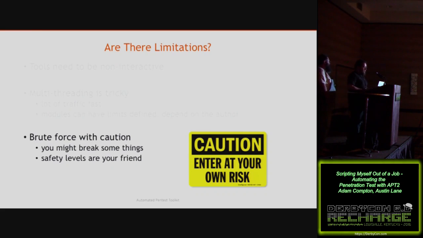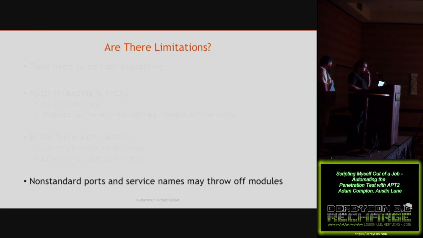Another big one is non-standard ports. APT is dependent on the inputs given to it from whatever scanning tool, either running Nmap through APT, running Nmap outside of it, or in the future running insert scanner here. When that scanner looks at a service on a host and says, oh, this is port 21, this is probably FTP, if that's the best it does, that's the best we have to go off of.